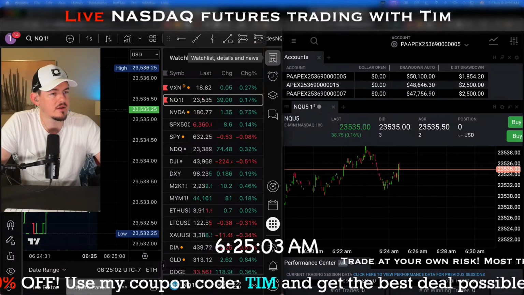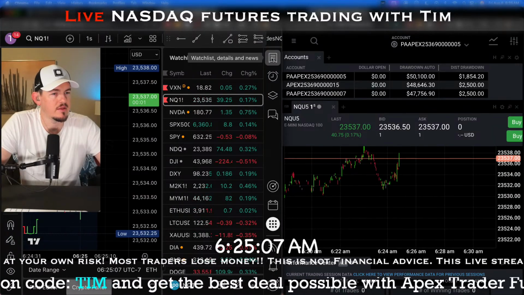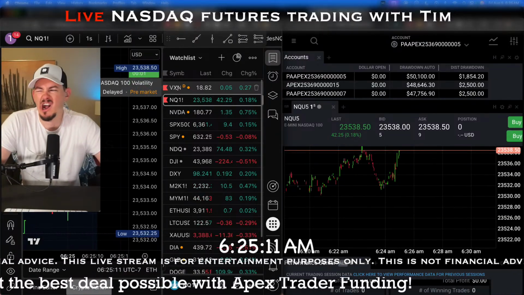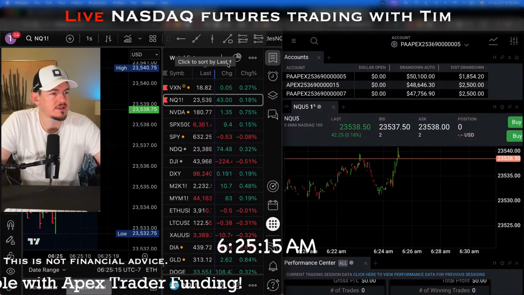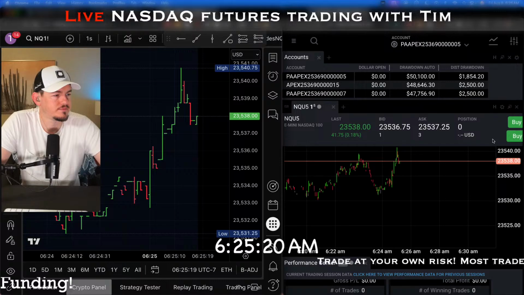That's the equivalent to the VIX for the S&P. This is the NASDAQ 100 volatility index. Don't know exactly how that's calculated.